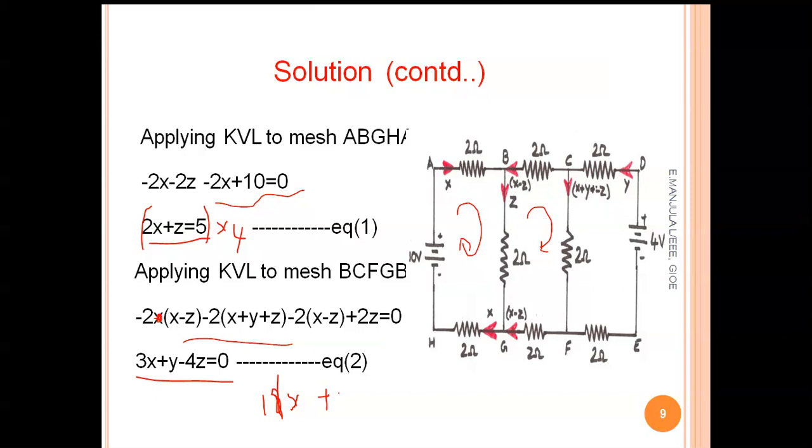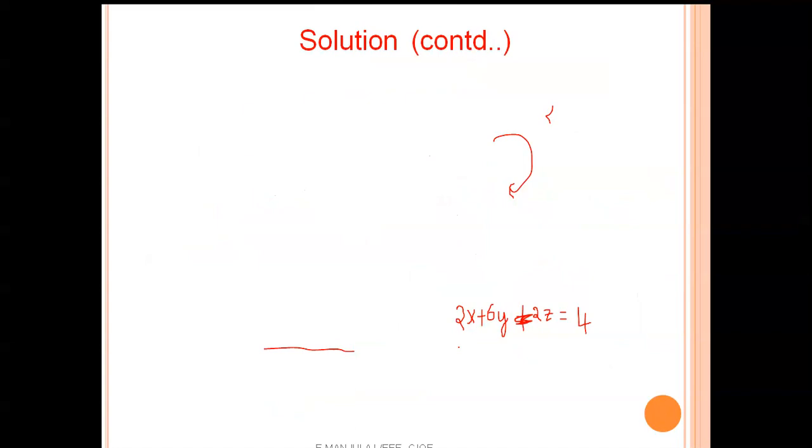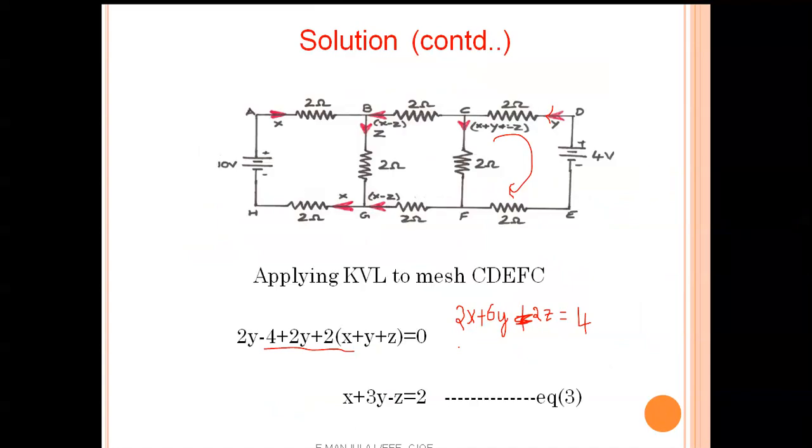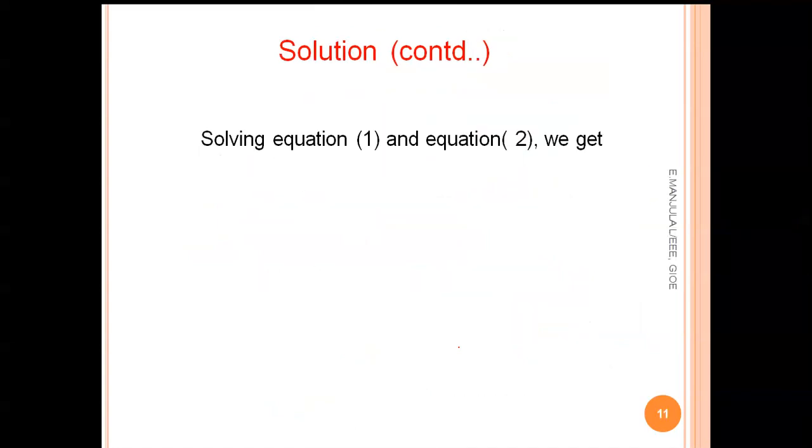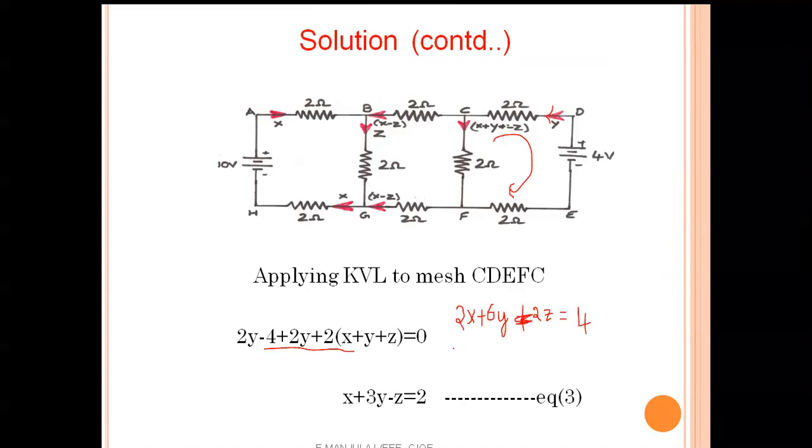Plus y is equal to 20. This is an equation having the parameters x and y. And here we have x plus 3y minus z is equal to 2. Okay, from here also you can get x and y parameters only.